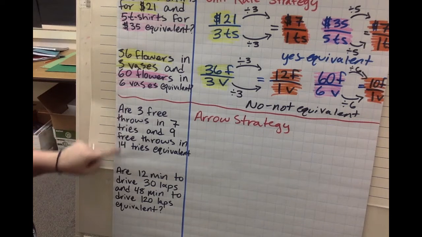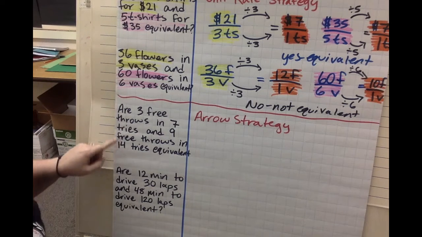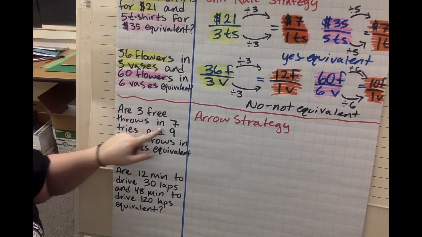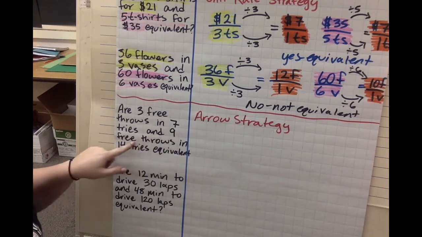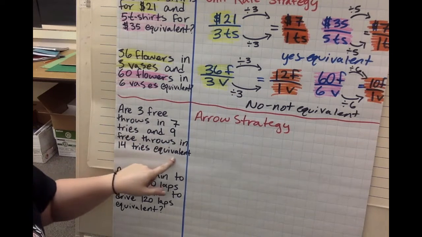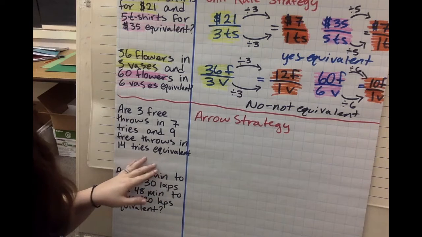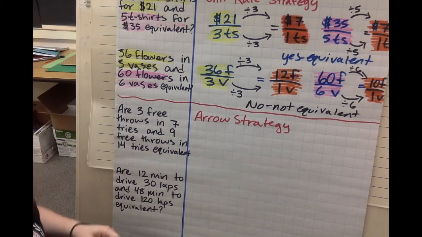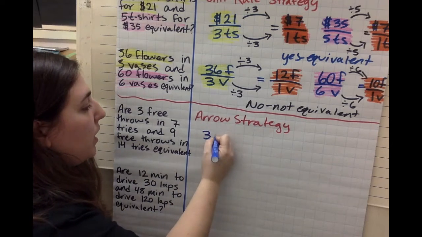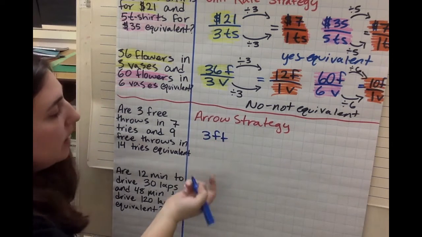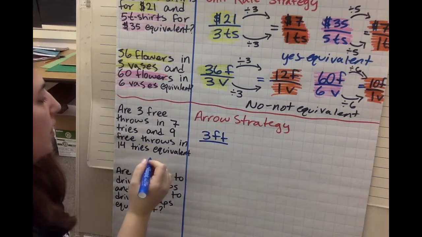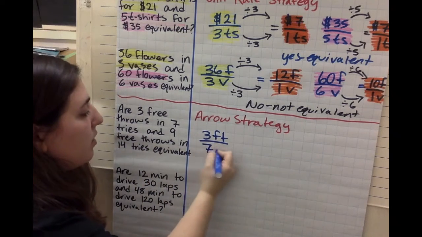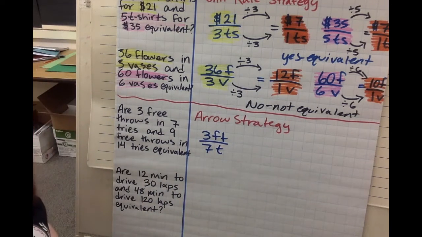So let's read the first situation, the first problem. Are 3 free throws in 7 tries and 9 free throws in 14 tries equivalent? Okay, so let's set up our rates. So I have 3 free throws, FT stands for free throws, in 7 tries. T stands for tries. Okay, that's my first ratio.